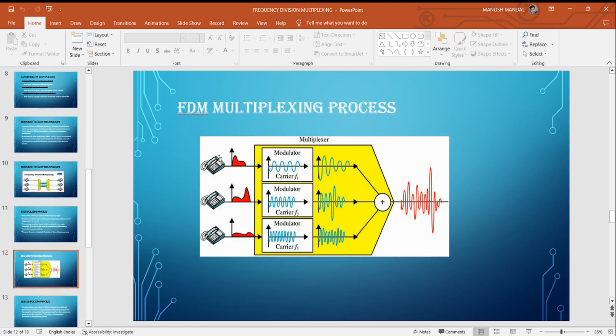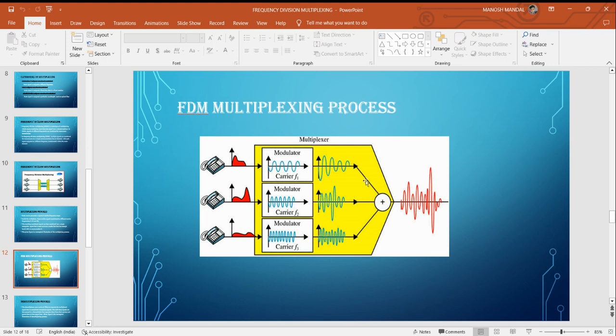The given figure is a conceptual illustration of the multiplexing process. Here, the three sources generate three similar-range frequencies. Each transmitted signal is modulated by a respective carrier frequency by the modulator. The first signal is modulated by carrier frequency F1, the second signal by carrier frequency F2, and the third signal by carrier frequency F3.